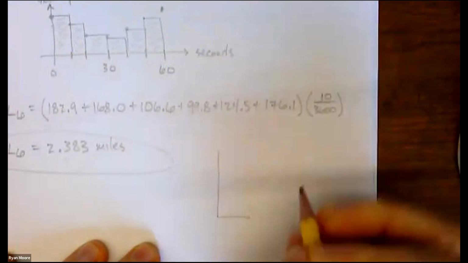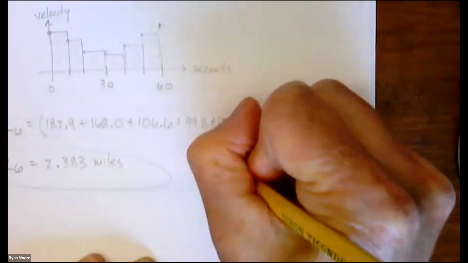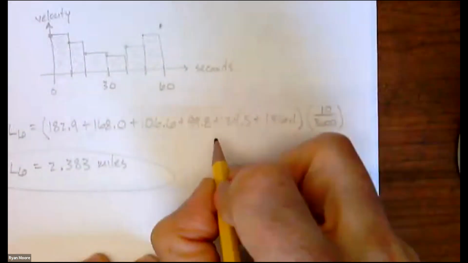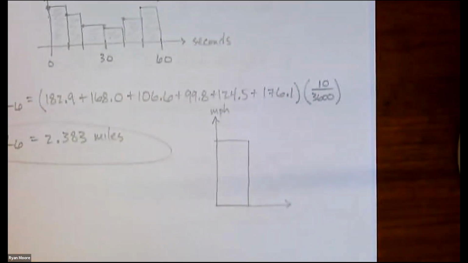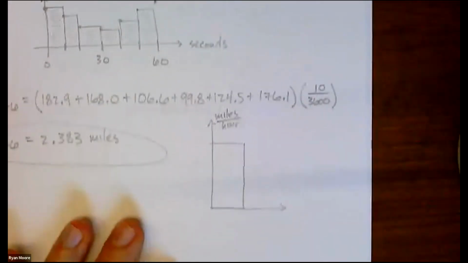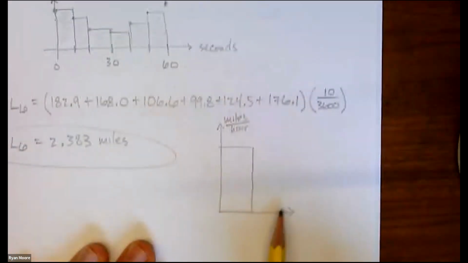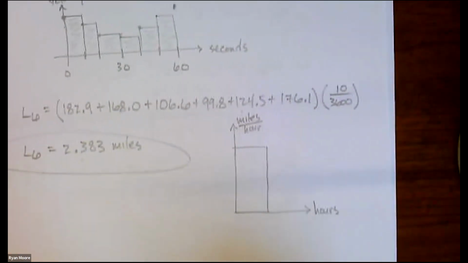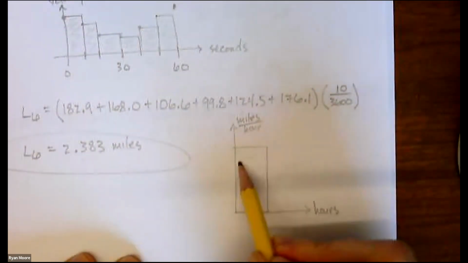Let's just look at one of these rectangles. I'll draw it here. All right, so we had the axes. This was velocity, miles per hour. This, I wrote seconds. It's actually hours because we're thinking of it as over 3,600. Think length times width, or base times height, to find this area.